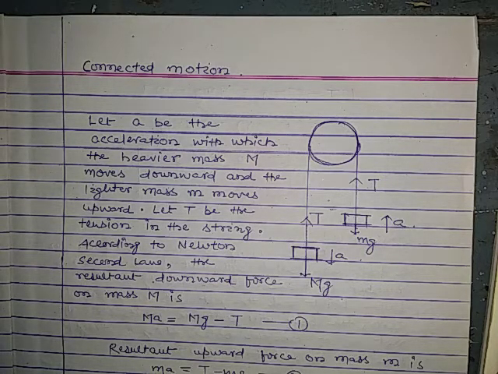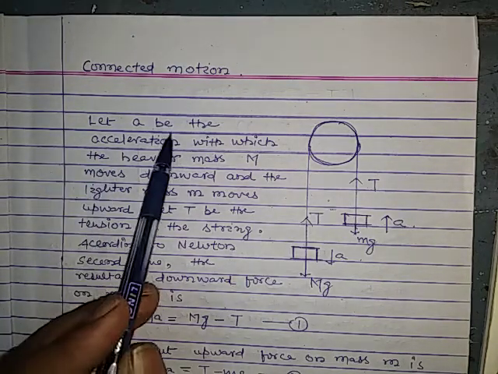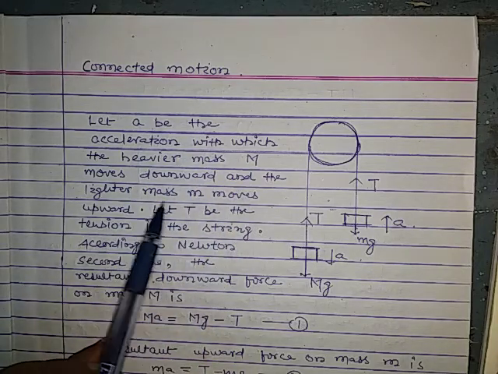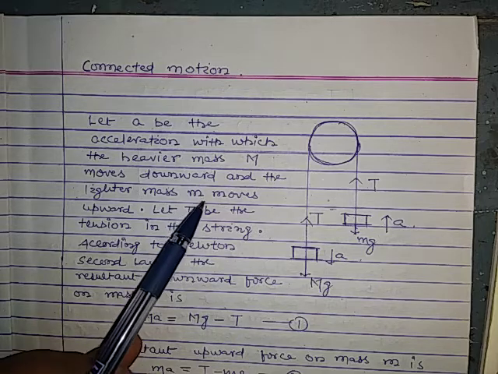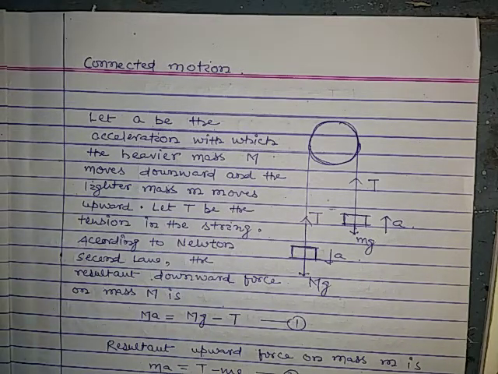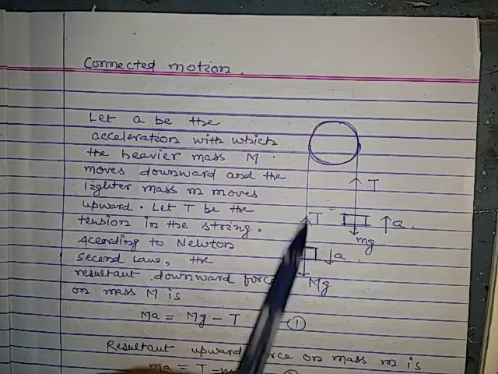So let a be the acceleration with which the heavier mass M moves downward and the lighter mass m moves upward. It is very clear from the figure.